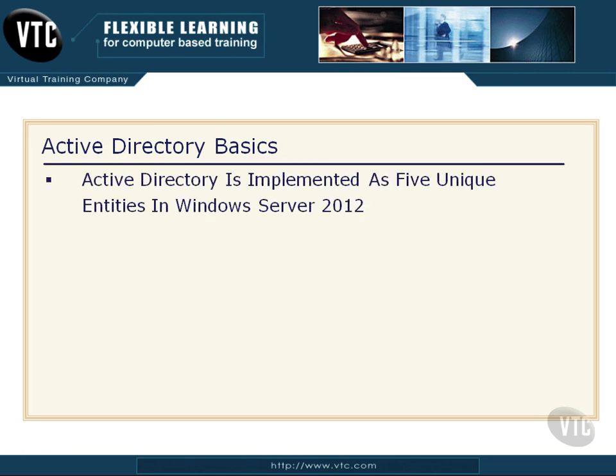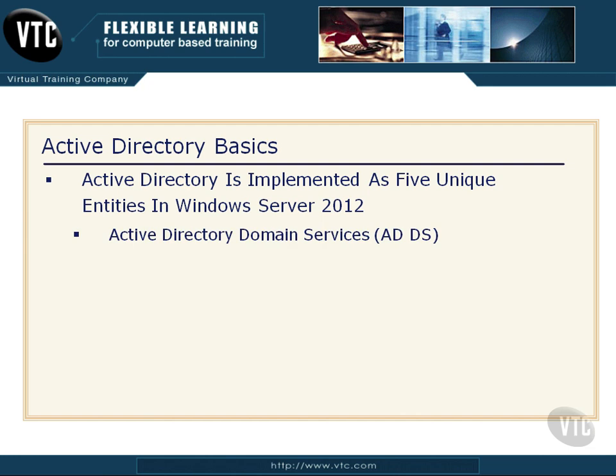Now, all this has to be done in a secure, efficiently managed environment, and that is what Active Directory does for us. Now, Active Directory, when it first came out in Windows 2000, was one huge service, and it was somewhat complex and intimidating to work with. And now, as you can see, in Windows Server 2012, Active Directory is implemented as 5 unique entities.